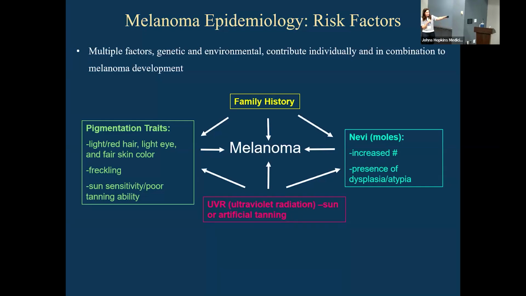If you look to the right, people who have an increased number of benign appearing moles have an increased risk for melanoma, and those who have what we call dysplastic or atypical moles also have an increased risk for melanoma. On the bottom in red, we see the only known environmental risk factor that we currently know of for melanoma, which is exposure to ultraviolet radiation. That can be in the form of sun exposure or artificial tanning.